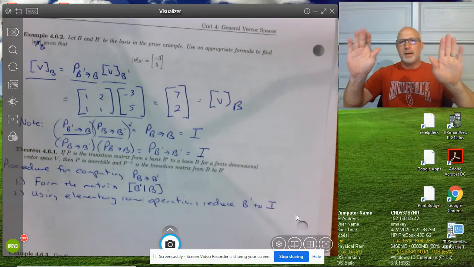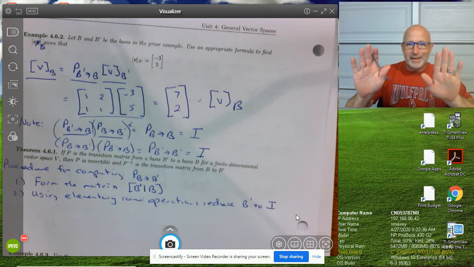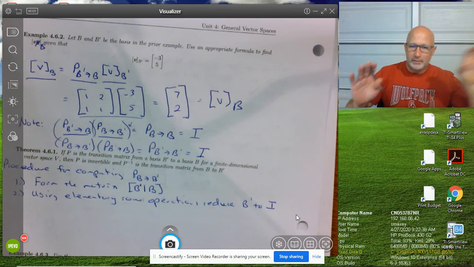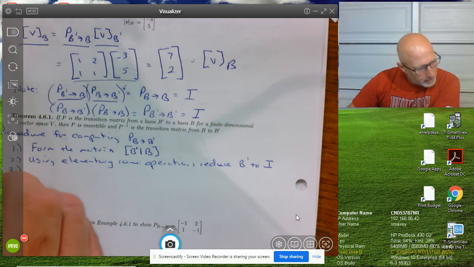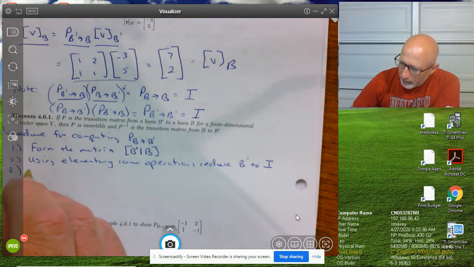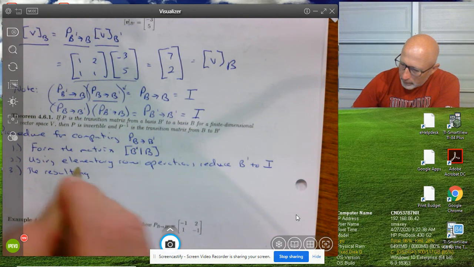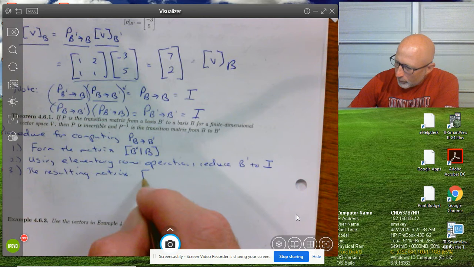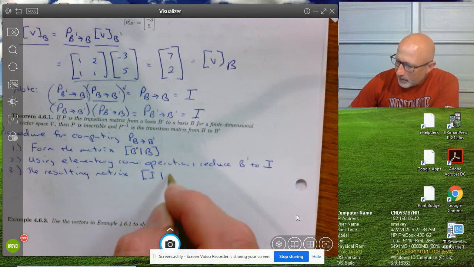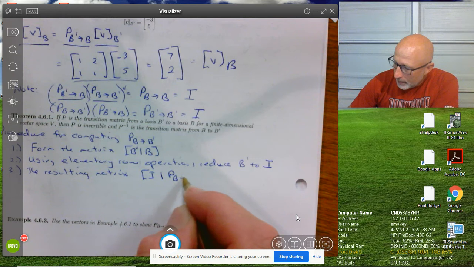You have this augmented matrix, you wanted to find the inverse, you just took what was over here and reduced it to the identity matrix, and then out popped its inverse. So step 3, the resulting matrix is going to be in the form of I augmented with the transition matrix from B to B prime.